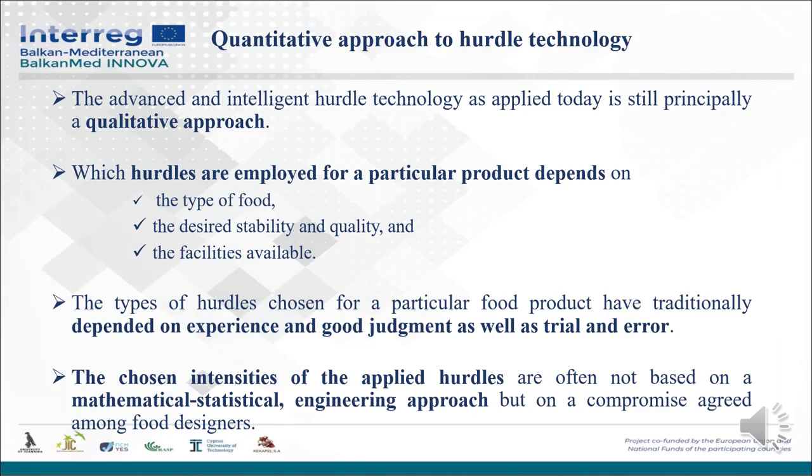The types of hurdles chosen for a particular food product have traditionally depended on the experience and good judgment as well as trial and error. The chosen intensities of the applied hurdles are often not based on a mathematical statistical engineering approach, but on a compromise agreed among food designers.